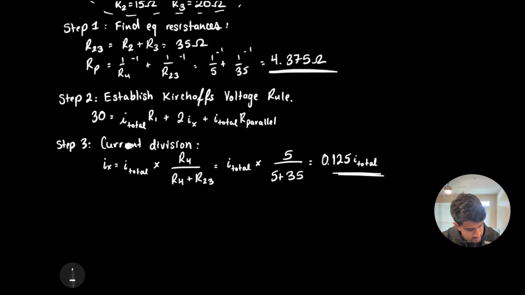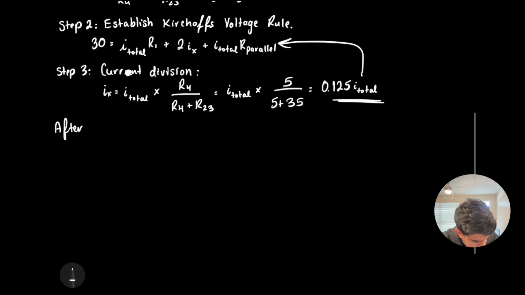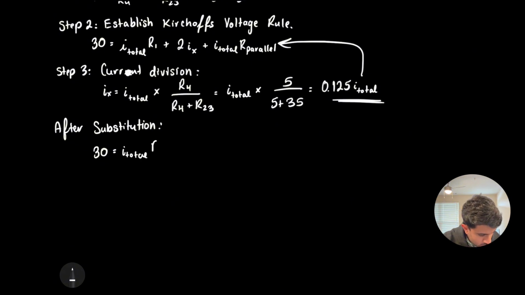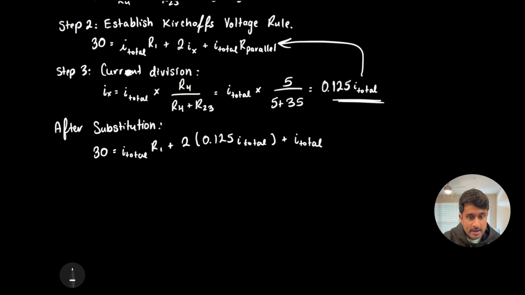Once we substitute this value in, after substitution, our equation is going to become something like this. 30 is equal to I total R1 plus 2 times 0.125 I total, plus I total times R parallel, which is 4.375.